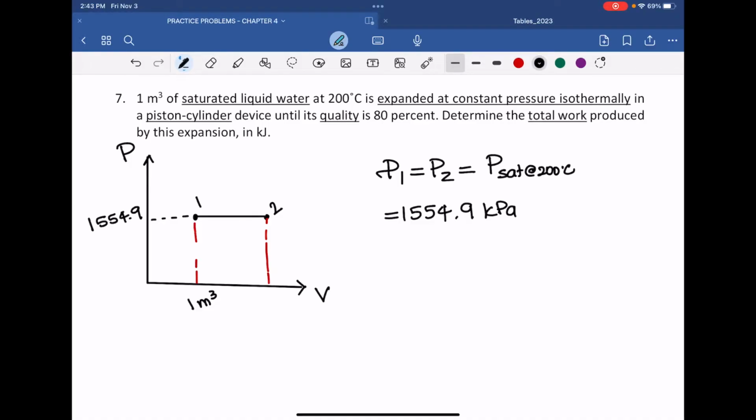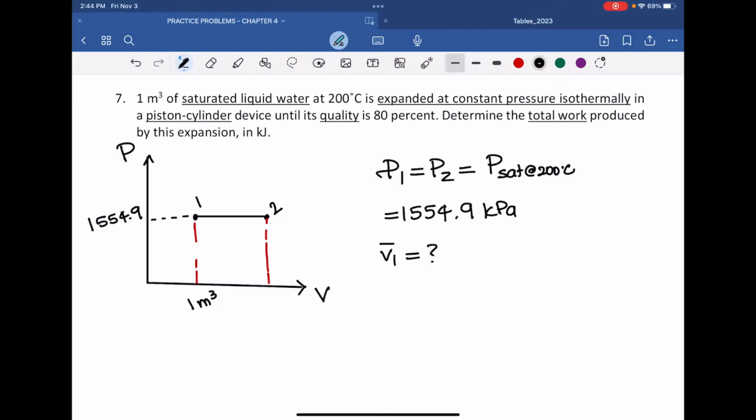We can find it maybe because we can figure out the specific volumes at the first and second state. So let's do that. First of all, initially, what could the specific volume be?